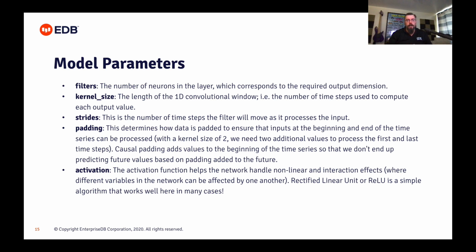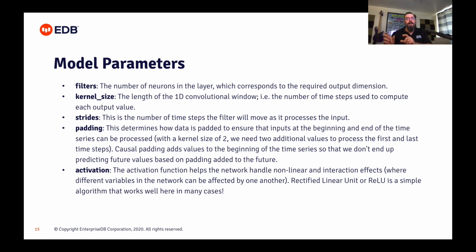Padding is a slightly complex one. Essentially, we need to pad the values and create some additional values, because if you think about a kernel size where we're looking at 3 time values at once, when we get to either the beginning or the end of the data, we need a couple of extra values to make up those 3.